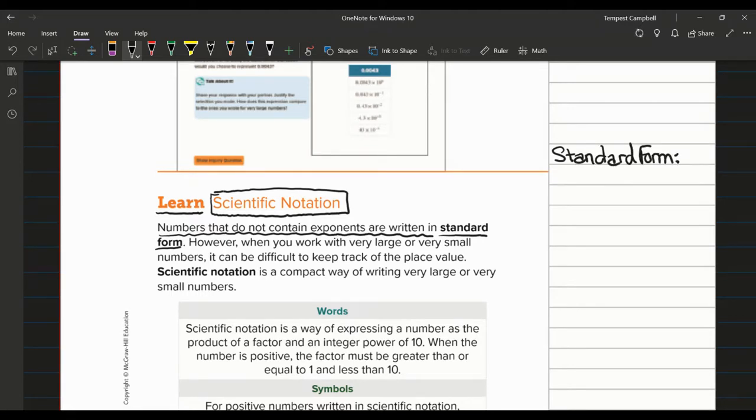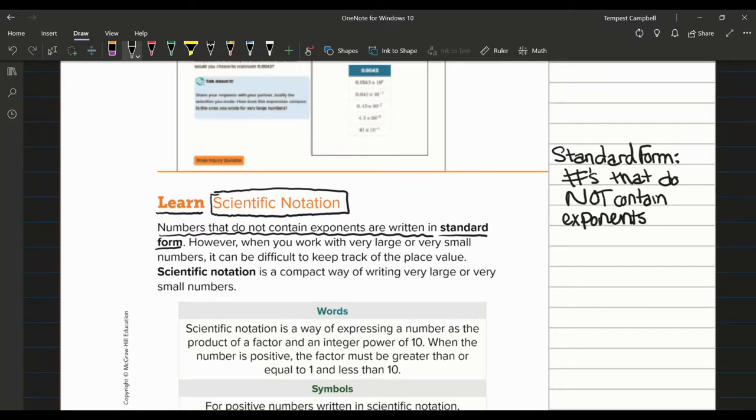So standard form are numbers that do not contain exponents.